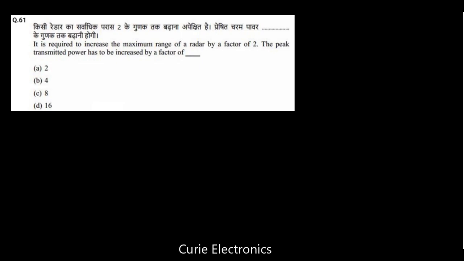For a radar, the range equation R max is given as PT GT, that is the transmitted power, transmitter gain, sigma target area, effective area of the antenna, receiver antenna, upon 4 pi whole square, S min, the minimum received signal, to the power 1 by 4.